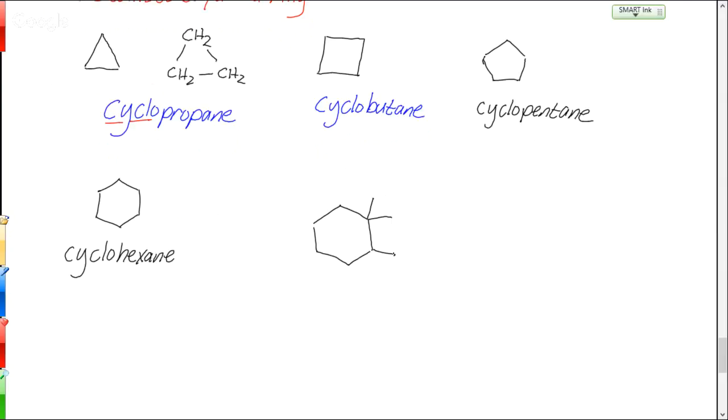Now we don't have a number to start numbering, or an end to start numbering at. So instead, we take that ring, that main ring, to be the main chain, the main structure. And we can start numbering anywhere we want on that ring because they're all the same. So we're going to follow our same rules and start numbering wherever the substituents can have the lowest possible number. So that's here. 1, 2, 3, 4, 5, 6.